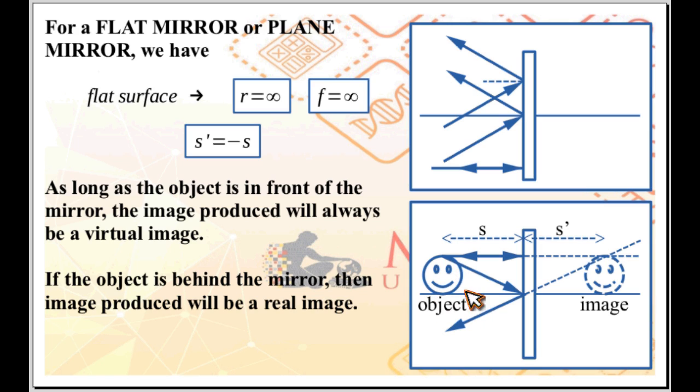Consider the object as a light source. Each point in the object is a light source. Each point on the object will be emitting light. Say we look at the top point of the object. That point is emitting light in all directions. We look at two light rays. One light ray is incident on the plane mirror or flat mirror.